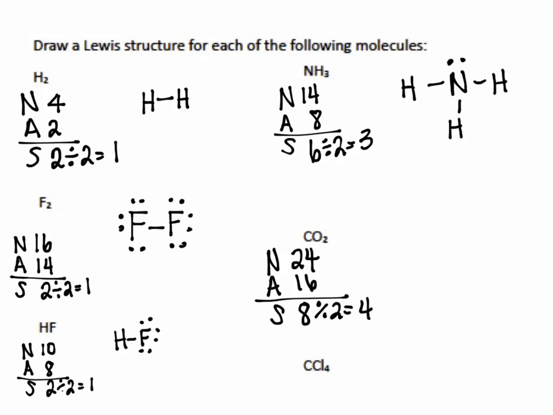Wait, how is available 16? Oxygen is, each one is 6 for 12 plus the 4 for carbon. Okay. All right, so now we go and we draw this. Carbon's in the middle. We have oxygen and oxygen, 2 atoms on either side. So we have to have 4 bonds. So how are we going to place those bonds? 2 double bonds. So then we finish out our octets. So that gives me this.